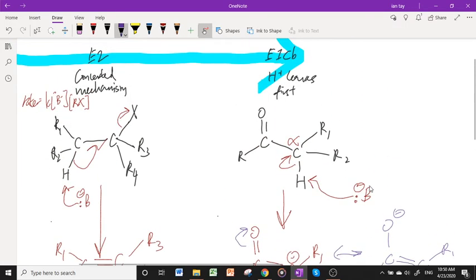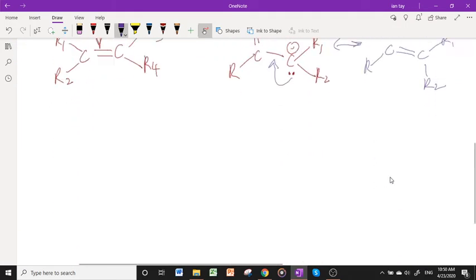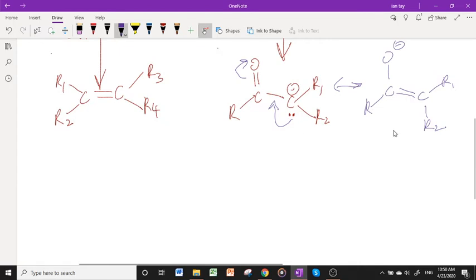So this is basically the base catalyzed pathway for the keto-enol tautomerism.